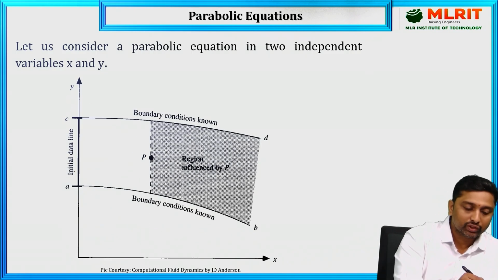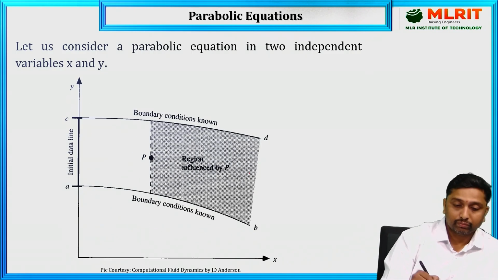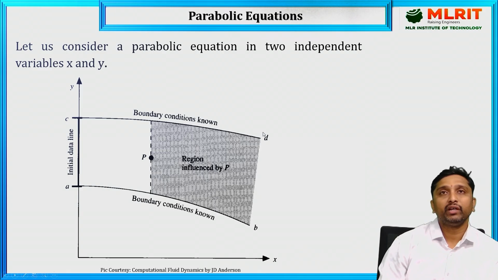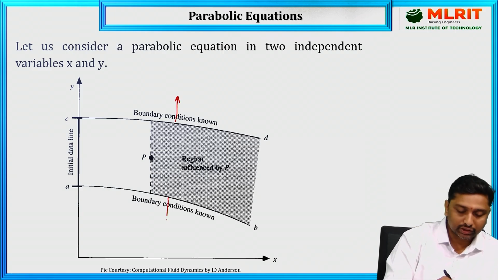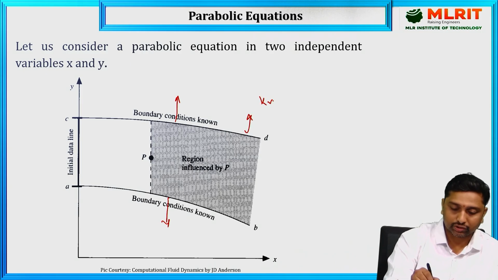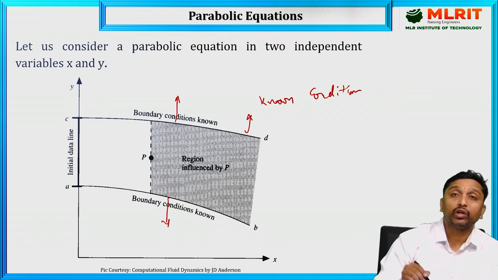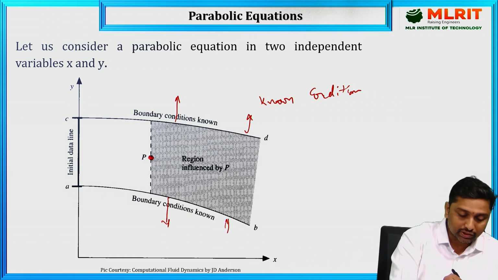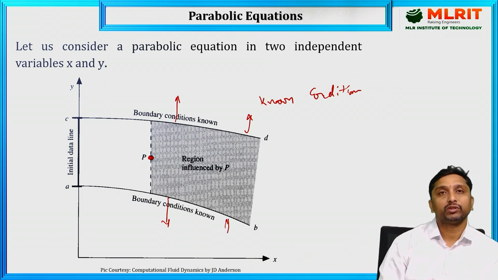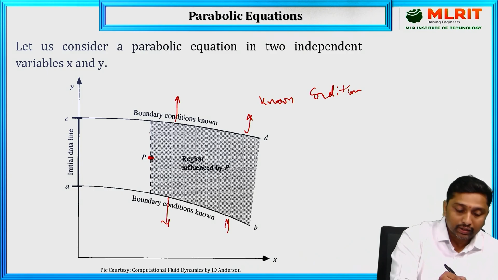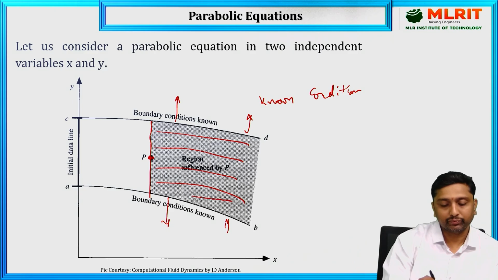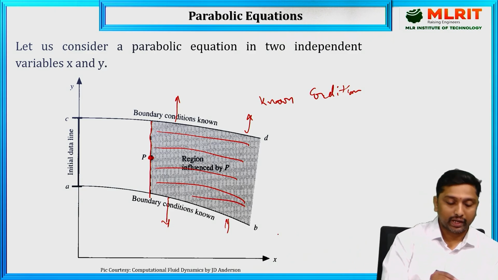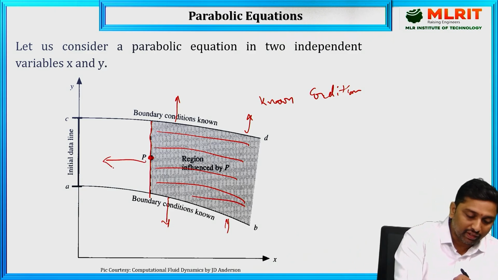If you observe, this is a simple example of parabolic behavior of fluids. You can see the upper boundary condition and lower boundary condition, these are known conditions, and P is the disturbance, just like the previous case. The disturbance P will travel in this region uniformly, and the disturbance of P will not be felt here.